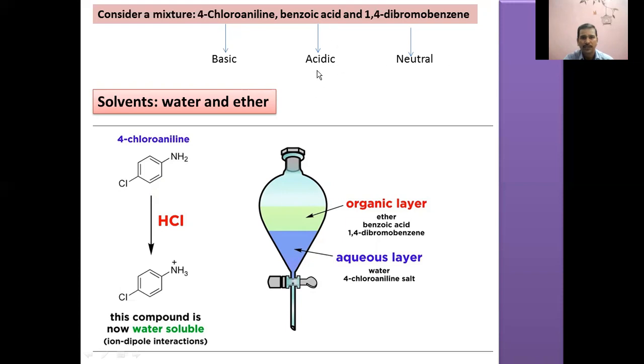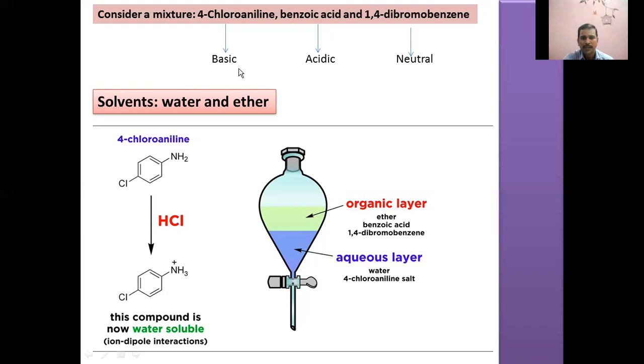And 1,4-dibromobenzene is neither acidic nor basic. Electronegative bromine has been substituted in place of hydrogen. It is neutral.